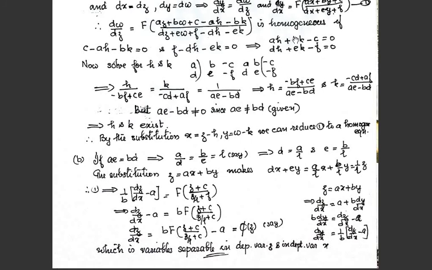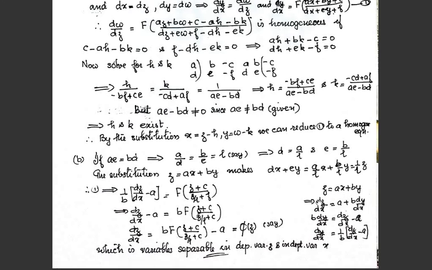Now equation number 1 implies 1 by b into (dz by dx minus a) equal to f of (z plus c) by (z by L plus f), and this is obtained from these quantities.